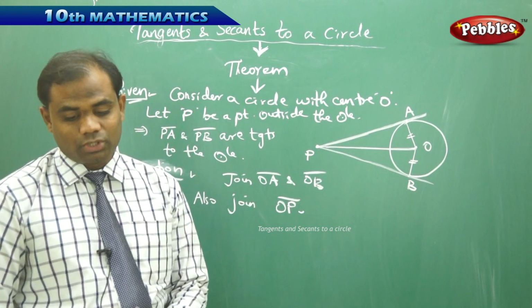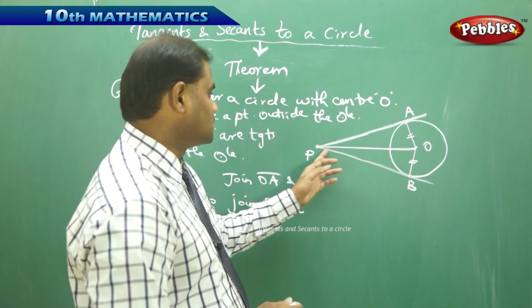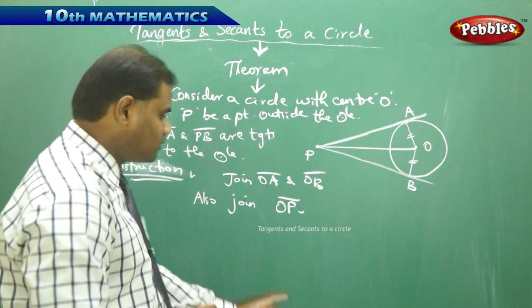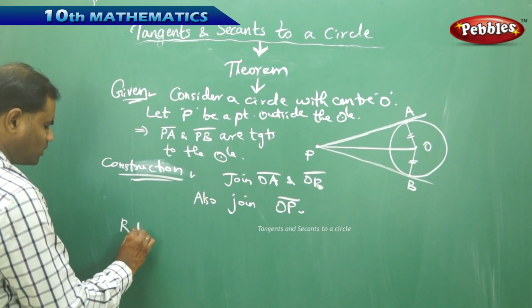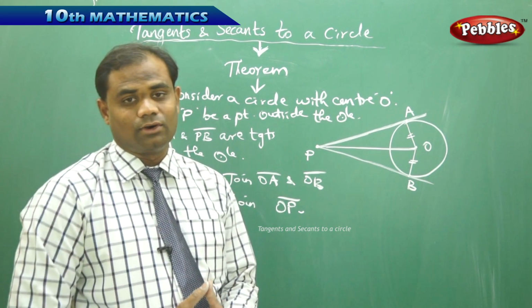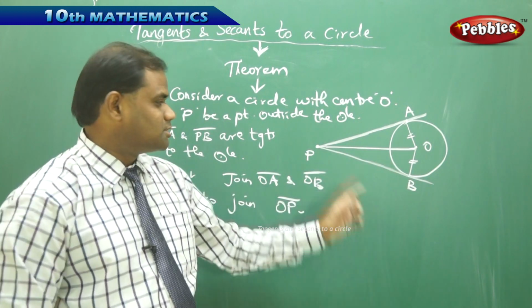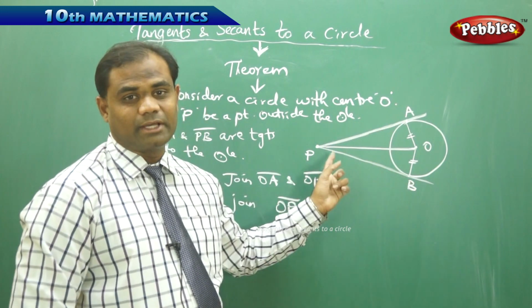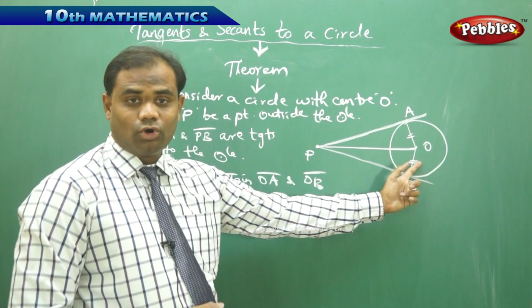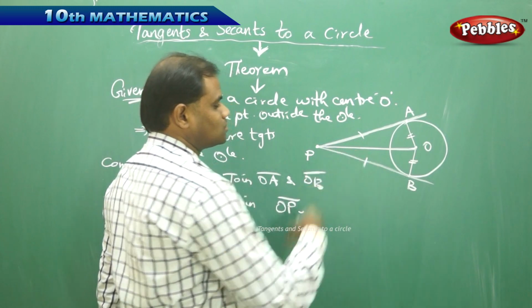Now let's use some of the geometrical properties to understand how we can prove that this is equal to this. So here finally, the thing I need to prove is that the tangents are equal, or the lengths of the tangents are equal from an external point to the circle. Since PA and PB are the tangents from external point P to the circle with center O, I need to prove that PA is equal to PB.